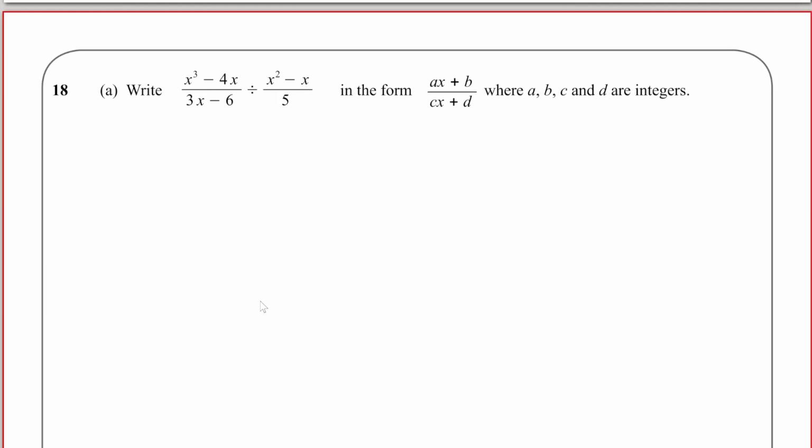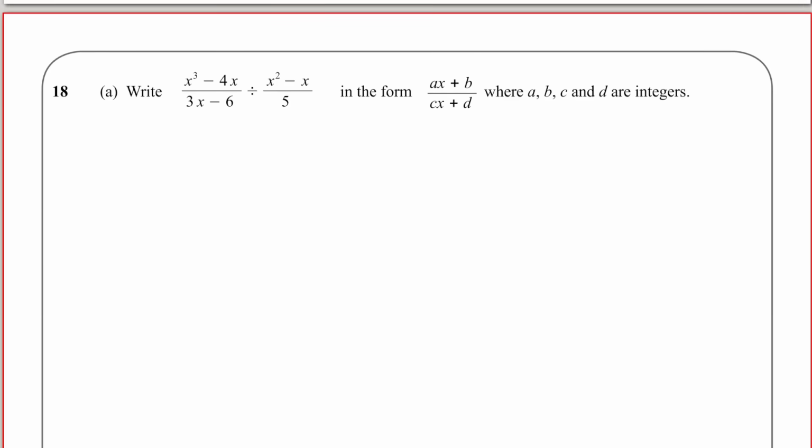So when we divide fractions, we can flip over the second fraction and change it to a times. So dividing by 2/3 is the same as timesing by 3/2. Let's do that first. So it's times 5 over x squared minus x.